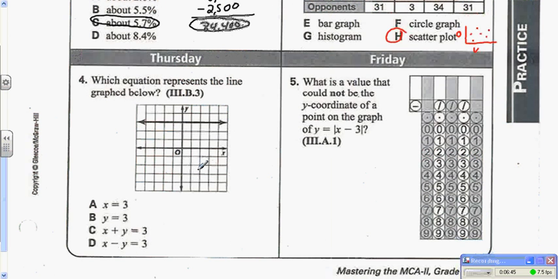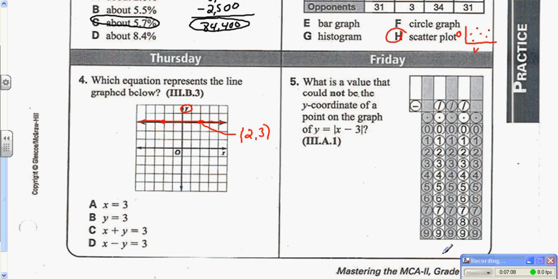Which equation represents the line graph below? Well, when we look at it, we know that it is horizontal. Horizontal lines only intersect the y-axis. So any point on this line would look like this. This coordinate is 2 over, 3 up.